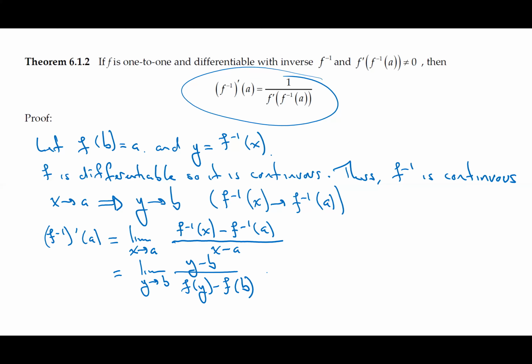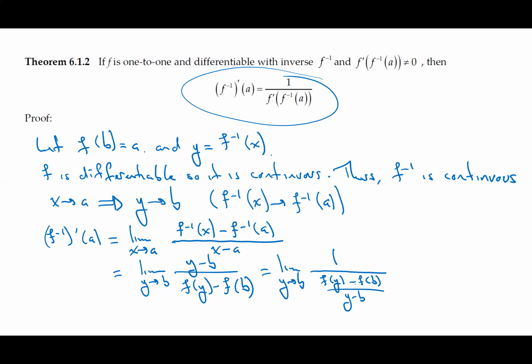And this may seem a little bit like a cheap shot, but I can write this as, I'm going to not skip a step there, the limit as y goes to b of 1 over f of y minus f of b all over y minus b.